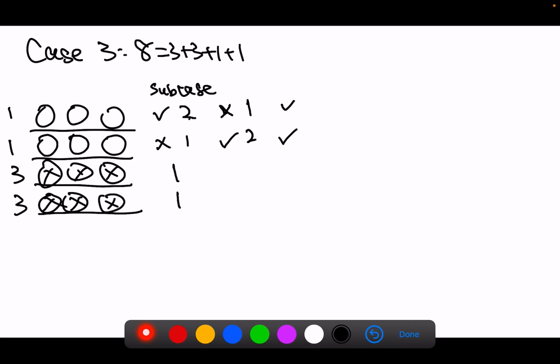And finally, if both rows work, that means for both cases, the person picked the side seat. So it's going to be 2 and 2. And then you actually need to add up those cases. So for our case, it's going to be 2 times 1 plus 1 times 2 plus 2 times 2. And this is going to be equal to 8 cases.